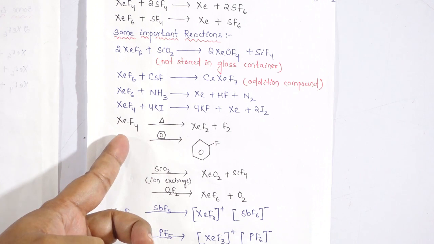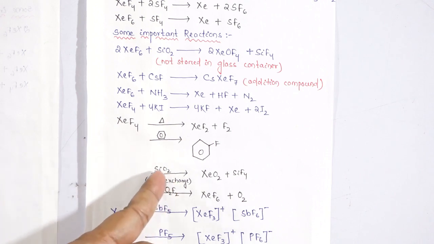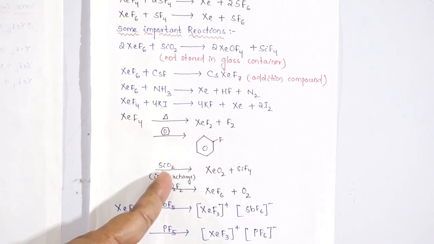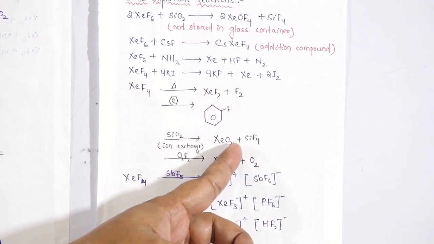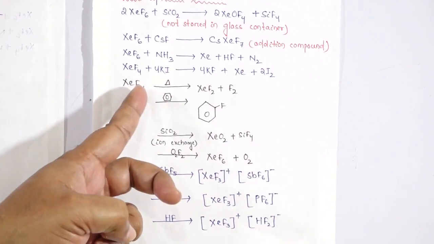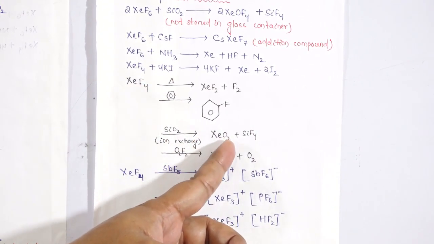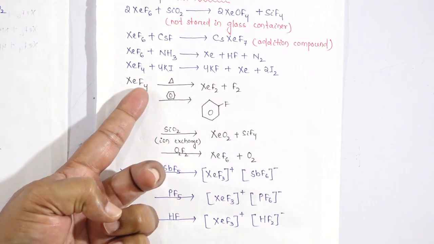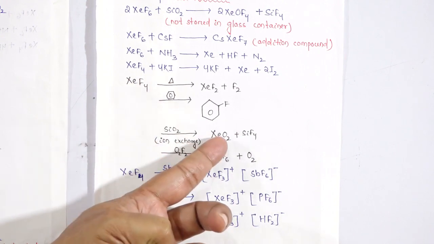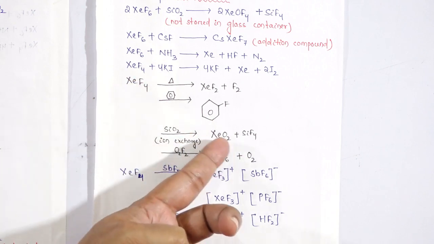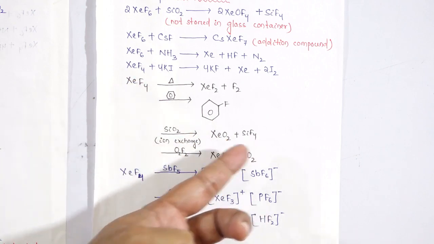Then xenon tetrafluoride reacts with SiO2, and in the exchange, 2 fluorine atoms are replaced by 1 oxygen atom, then again 2 fluorine atoms by 1 oxygen atom. So there is the formation of XeO2 and SiF4.